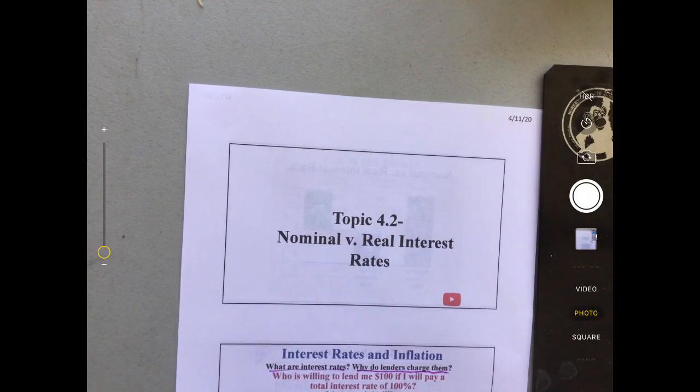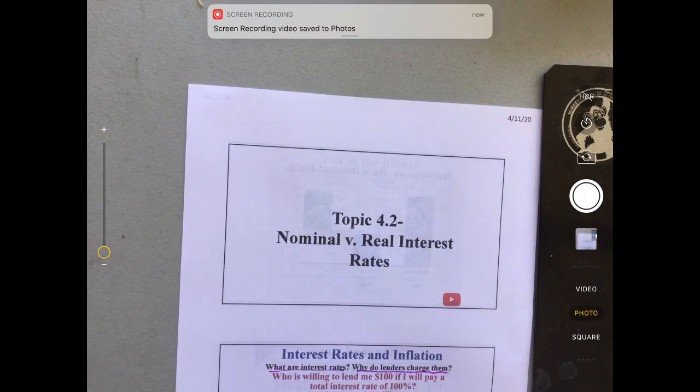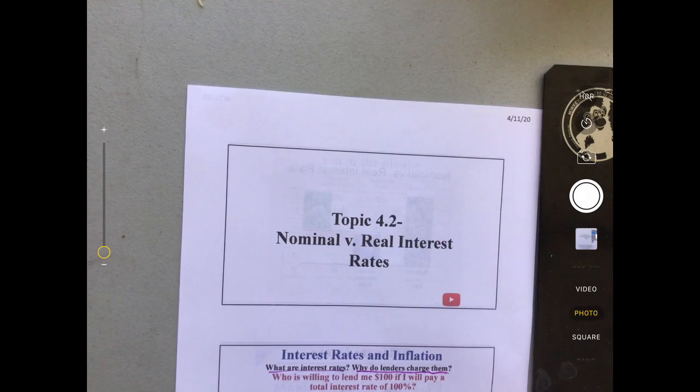Once upon a time back in H1, I said, who is willing to lend me $100 if I will pay a total interest rate of 100%? And most of you raised your hand. You raised your hand because I'm gonna pay you back that original $100 plus 100% interest, which is another $100.